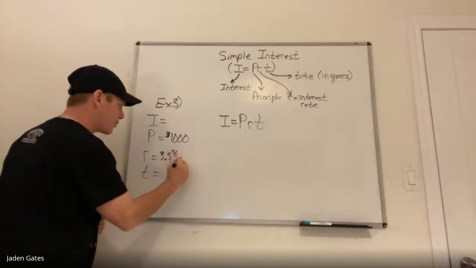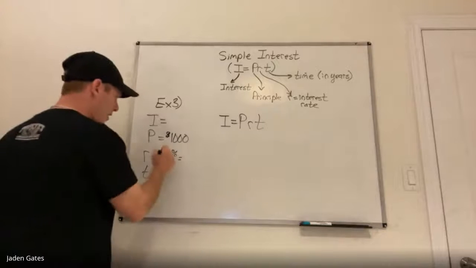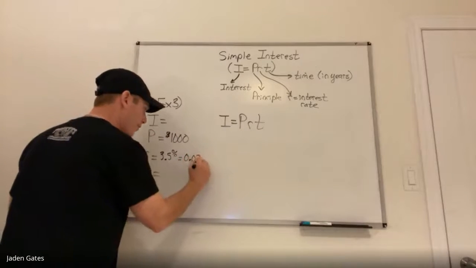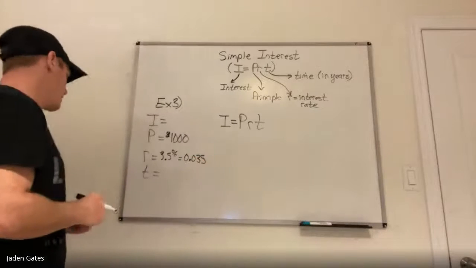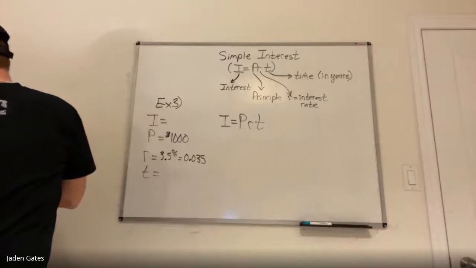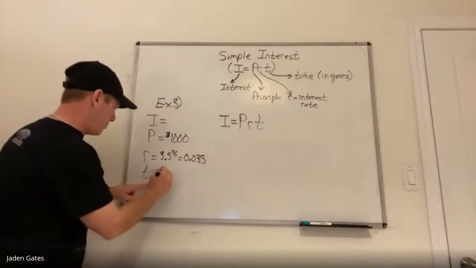But as I just mentioned, percent is useless to us, so I have to convert it to a decimal. I divide it by 100 and I would get 0.035. So we need I and T here. Now, how much will Ray have at the end of that time period? Oh, he's putting the money away for 3 years.